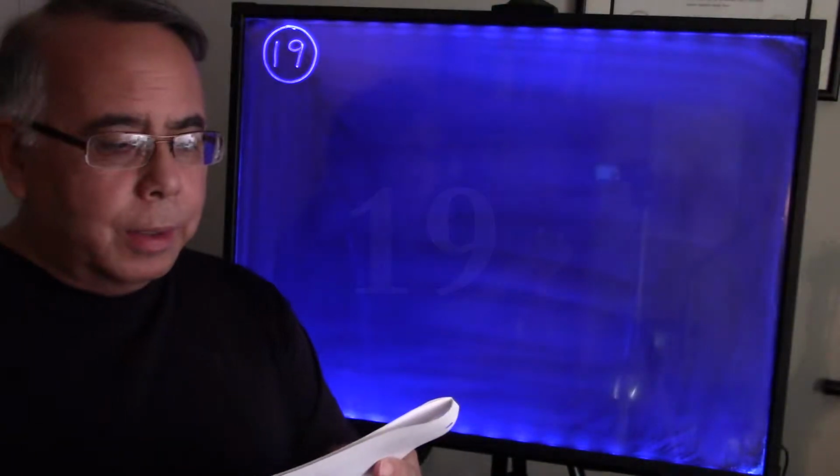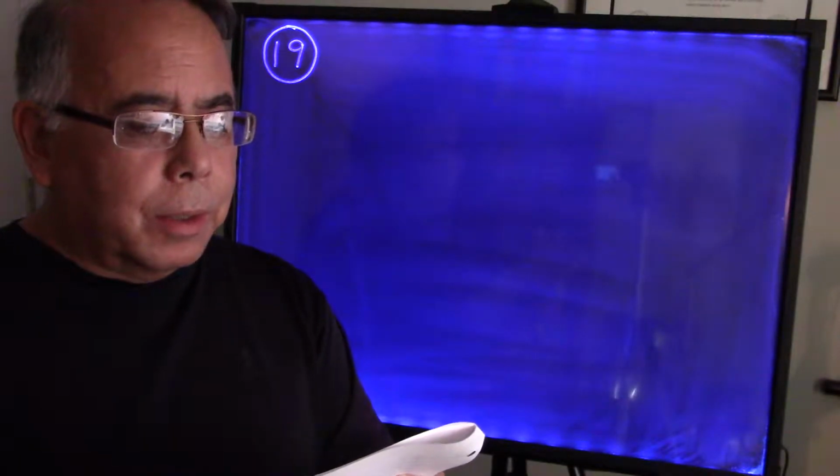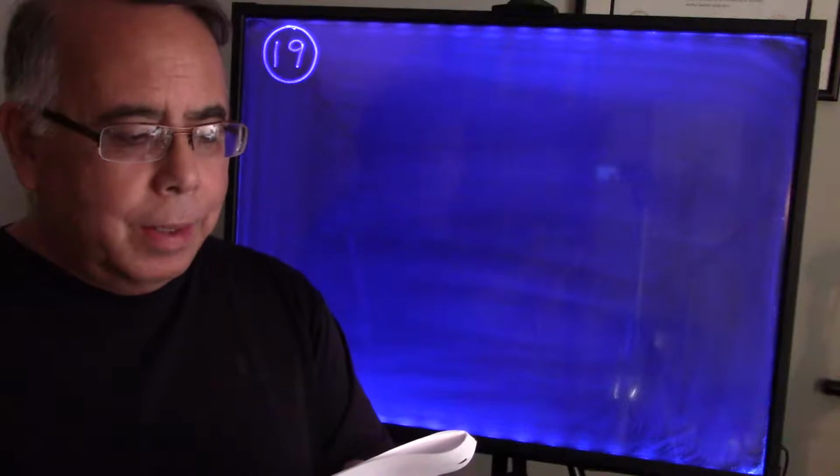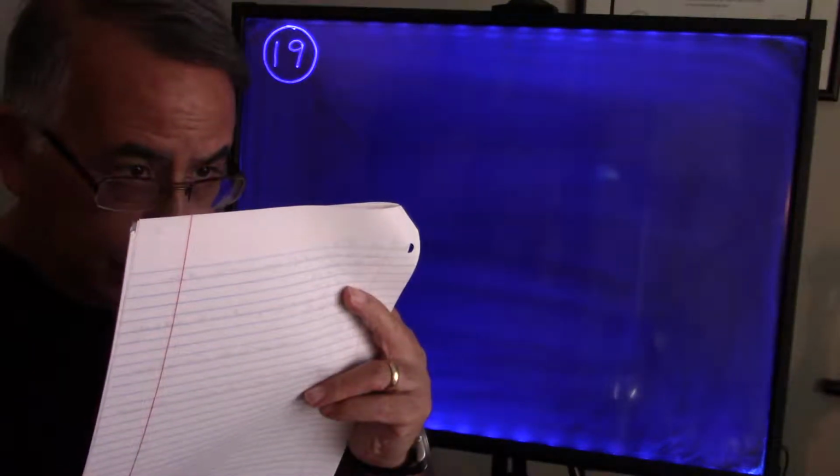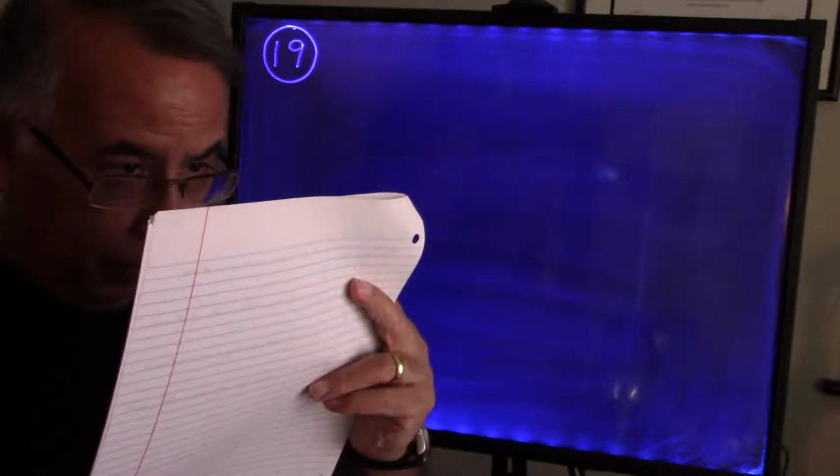Okay, number 19, another rational function. f of x is 2x cubed minus 250 over x squared minus 2x minus 15.